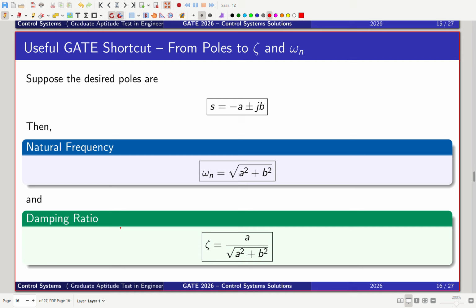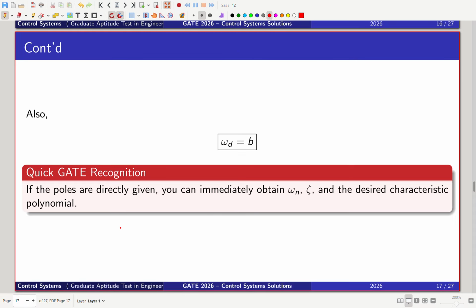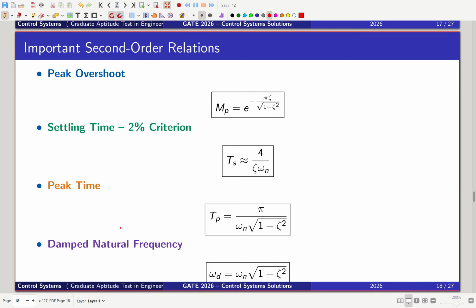You know the natural frequency is under root a square plus b square, and zeta is a by under root a square plus b square. So omega d is equal to b, and we can easily find it. If poles are directly given, you can immediately obtain omega n, zeta, and the desired characteristic polynomial. This is not needed, but I am still explaining it to you.